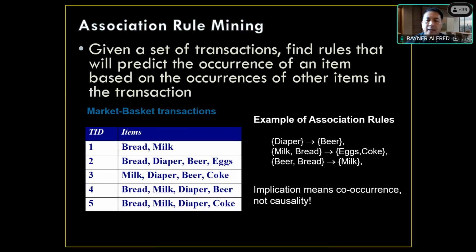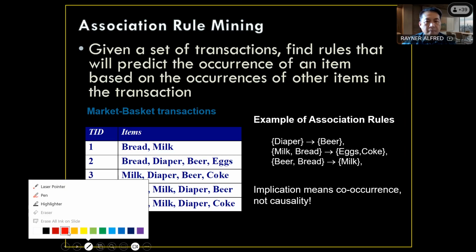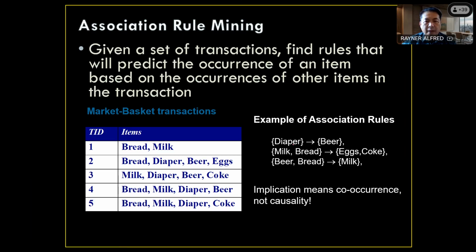So for instance, in this example, whenever you buy diaper, you also buy beer. Or if you buy beer and bread, the person also buy milk.